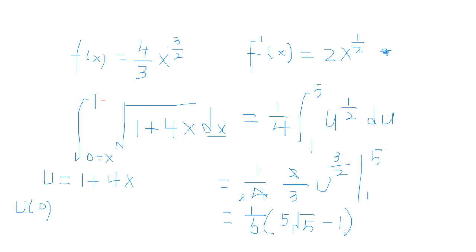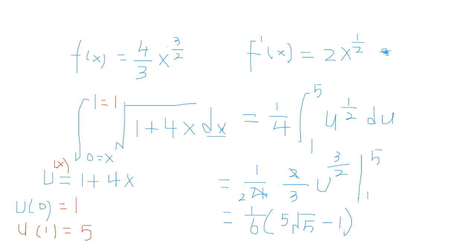Then this x equals 1. So u equals 1 plus 4x. What's u of 0? U of 0 is 1. What's u of 1? Plug in x equals 1. That's 5. Right? Does that make sense? Okay. Any other questions?